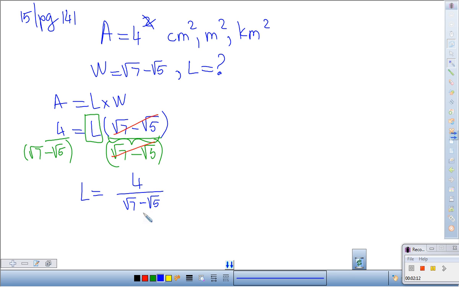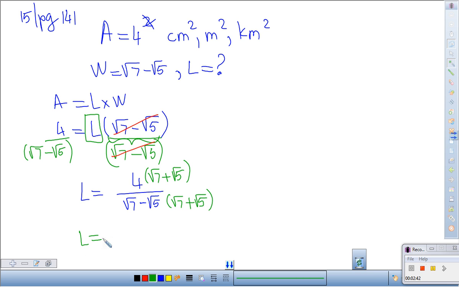We need to rationalize the fraction, which means that we're going to multiply both the numerator and the denominator by the conjugate of radical 7 minus radical 5. Well, what is that conjugate? It is radical 7 plus radical 5. And we're going to multiply both the numerator and the denominator.